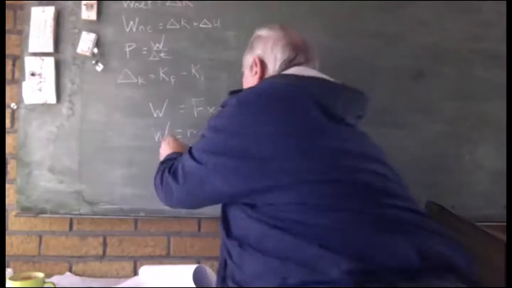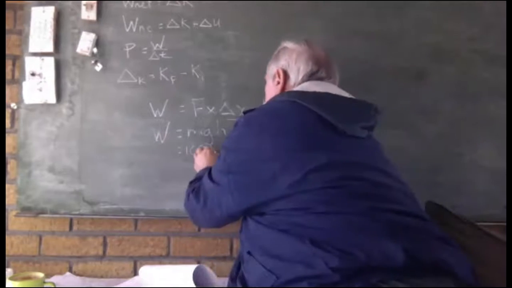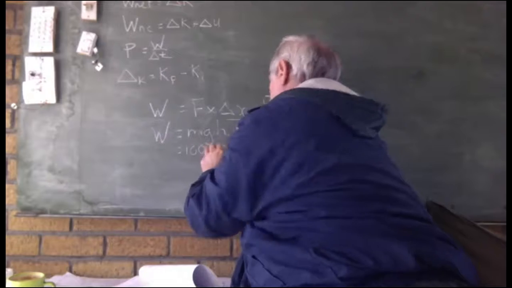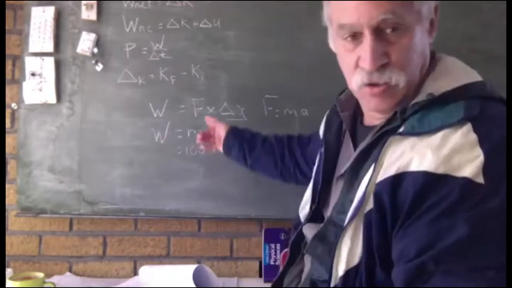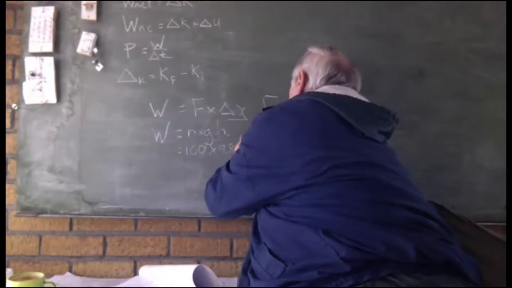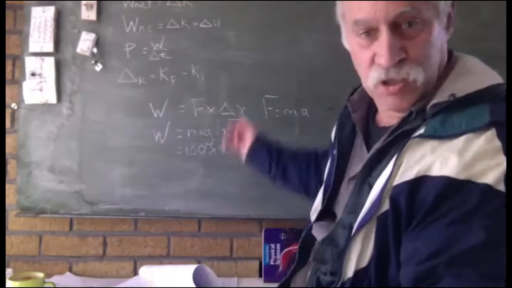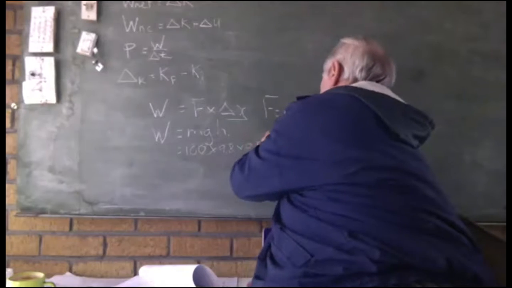So what is my mass? I'm 100 kilograms on a good day. What is g? 9.8. And what's the height that I climbed up onto? 0.5 meter. This bench is 0.5 meter. And how many times did I do it? I think I counted 7.